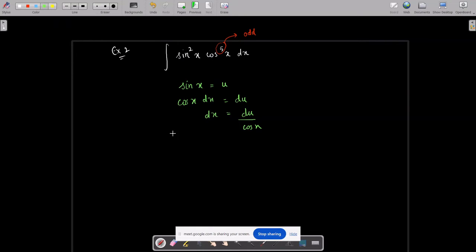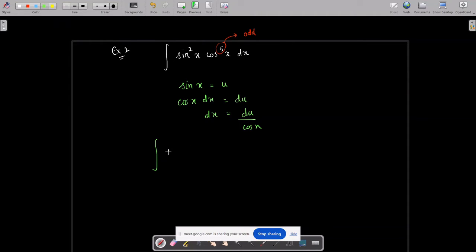That makes so much sense. So then it'd just be sine squared x times cosine to the 4th x du. Let's do it step by step. Sine is now u.